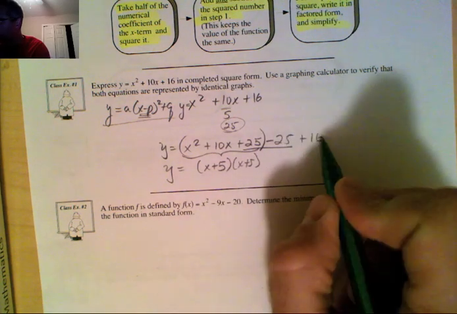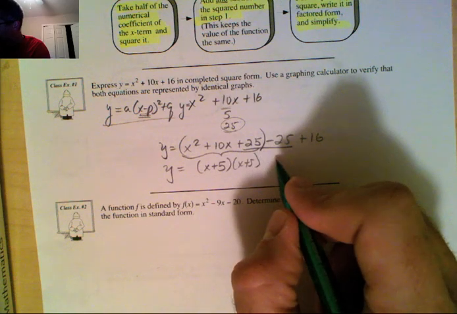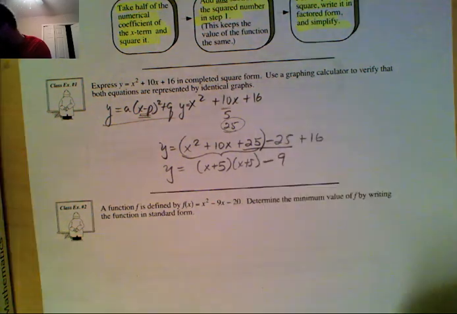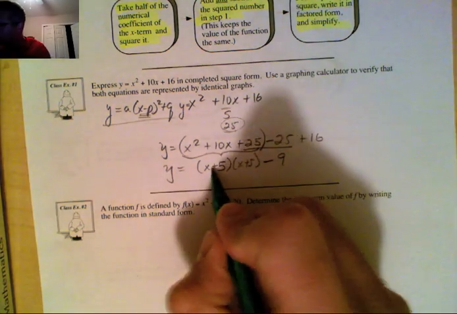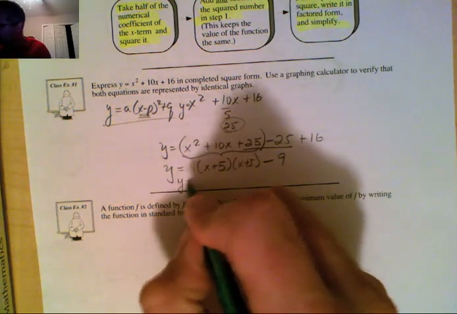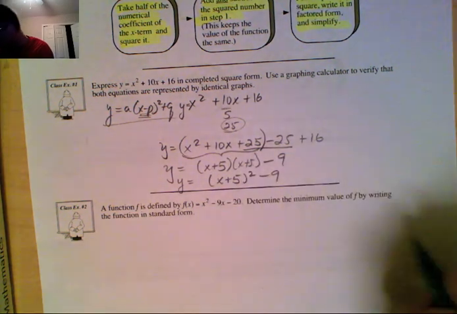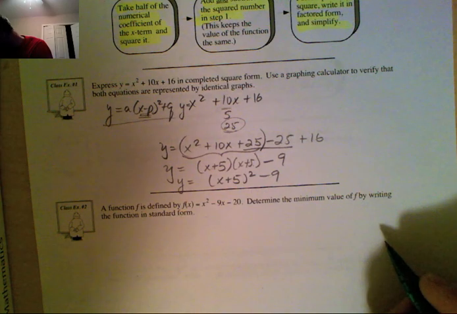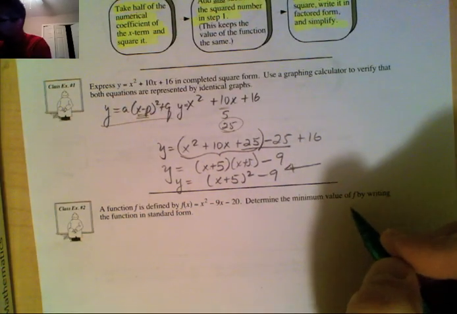And negative 25 plus 16 is going to give us negative 9. Okay, if you look at x plus 5 times x plus 5, that's the same as (x plus 5) squared minus 9. So there we have this in standard form now.